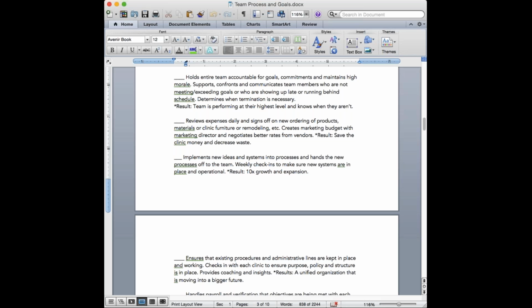And they'll usually come up with a little better rate for you to pay for labs, or sometimes you can get it with herbs and supplements. Sometimes that's a little harder because those margins are different. But always look to negotiate, especially volume.